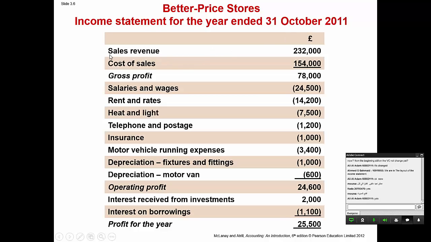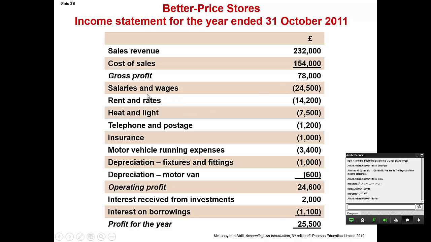As you can see here, we have the sales revenue, 232,000, and the cost of sales was 154,000. That means the gross profit will be 78,000. 232,000 minus 154,000 is equal to 78,000.